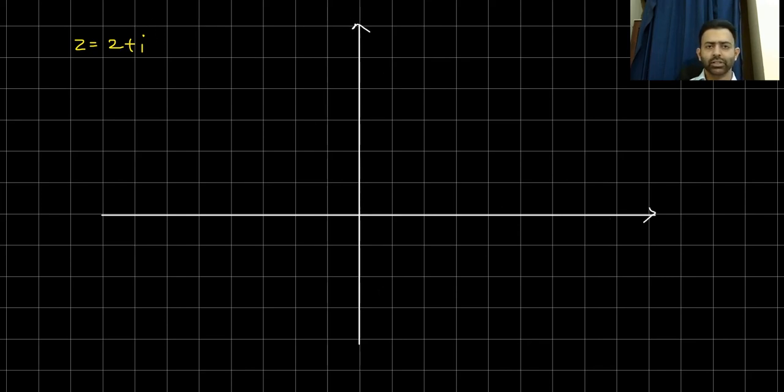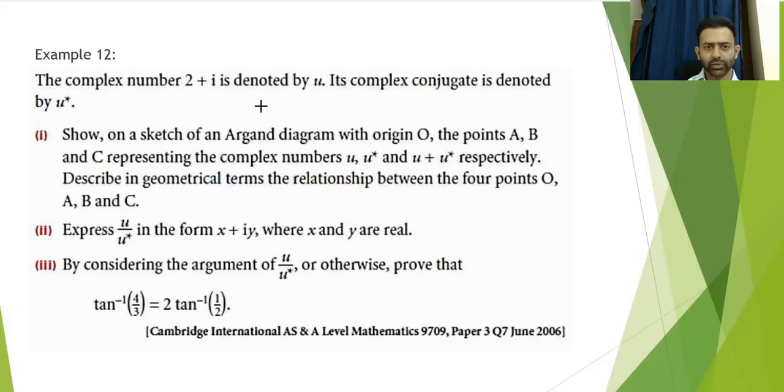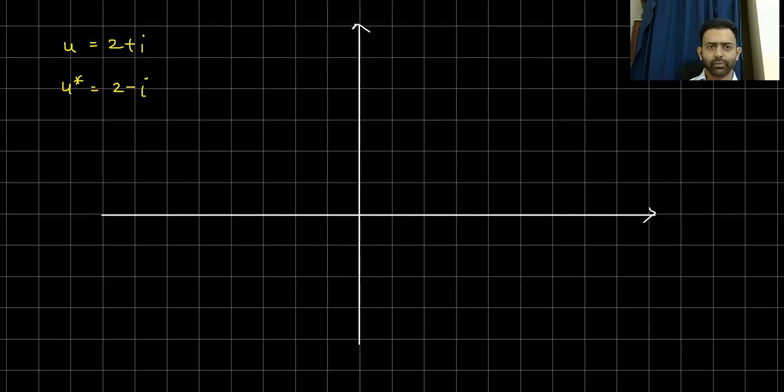So this is not z, it is basically u, replacing this with u. So u conjugate will be 2 minus i, and it is also asking for u plus u conjugate, where the imaginary part will get cancelled out, so you will just get 4, right?